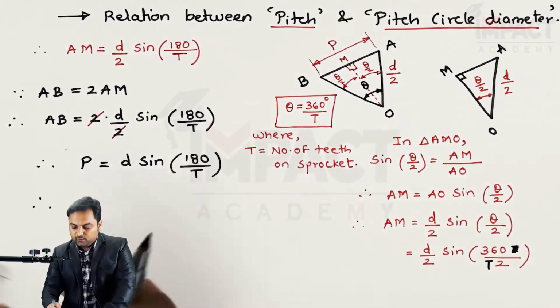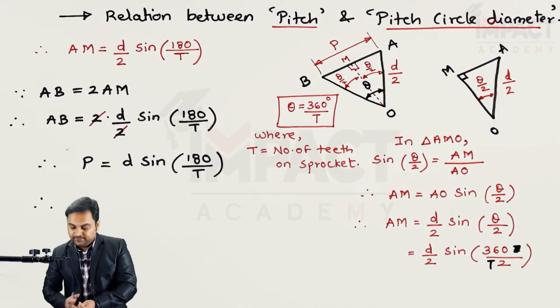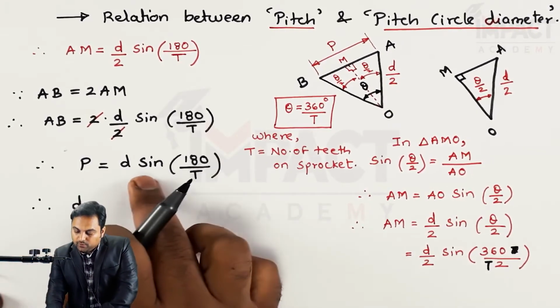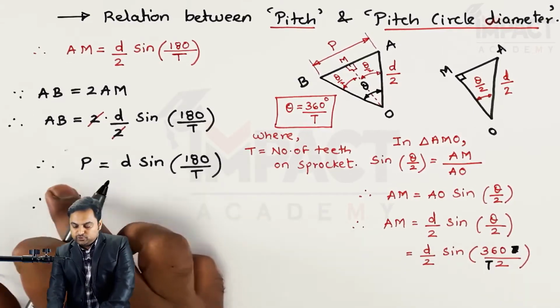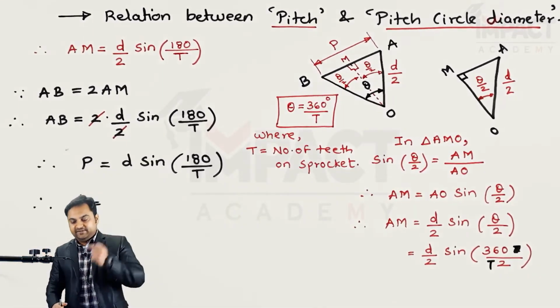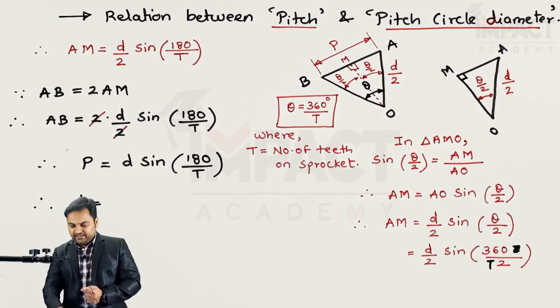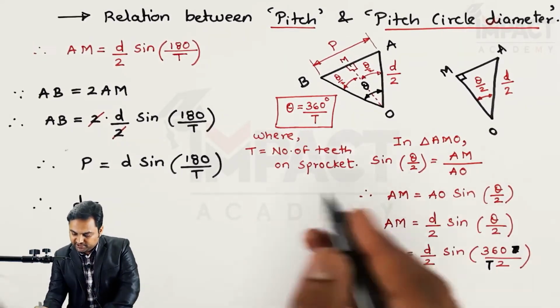And therefore when I want to write D on one side, when this sine 180 by T goes onto the other side, it is P divided by sine 180 by T, and it is 1 upon sine 180 by T, so that becomes cosec.